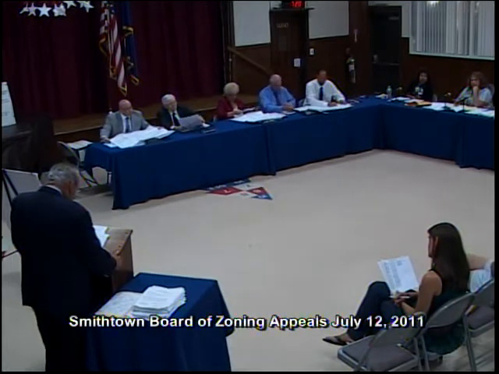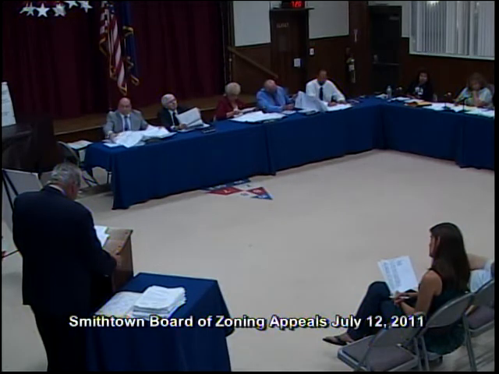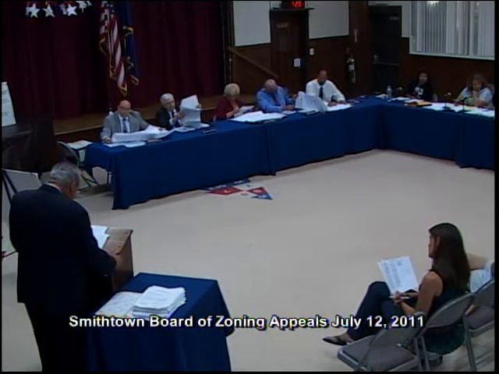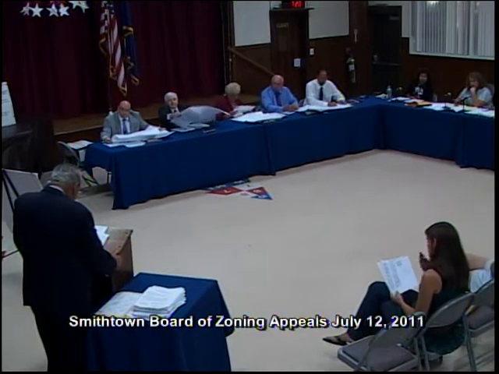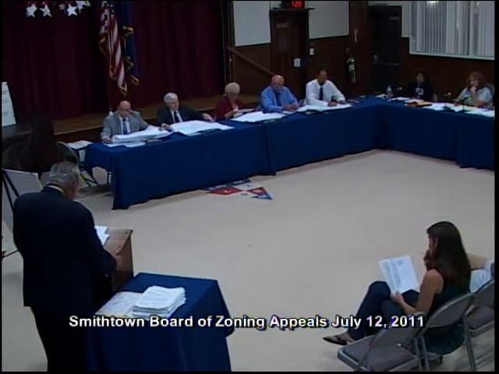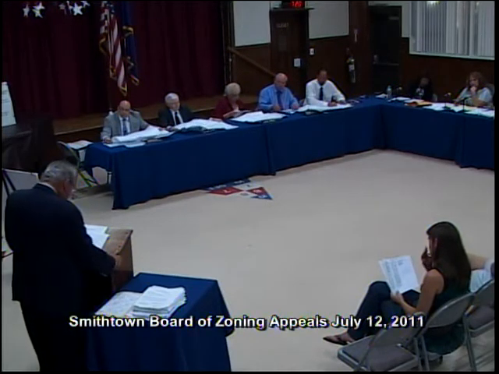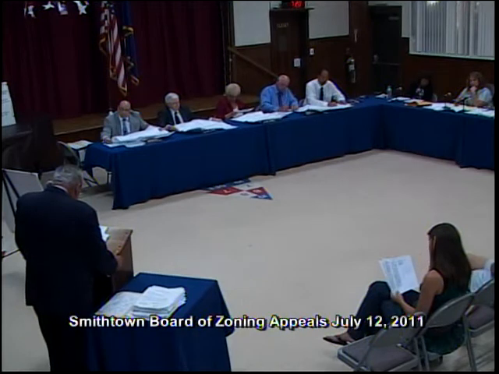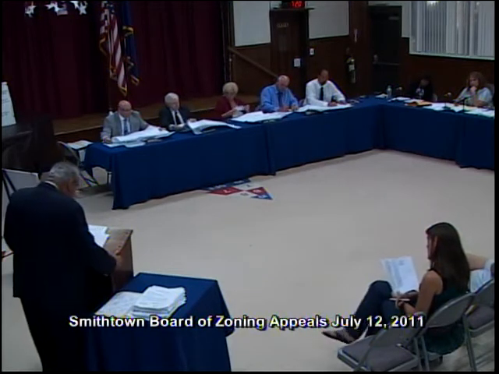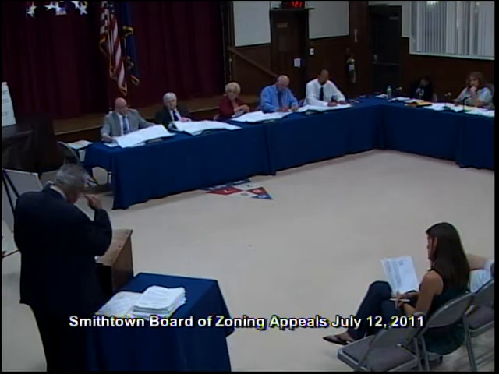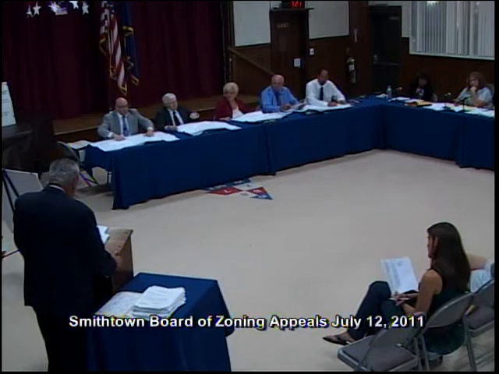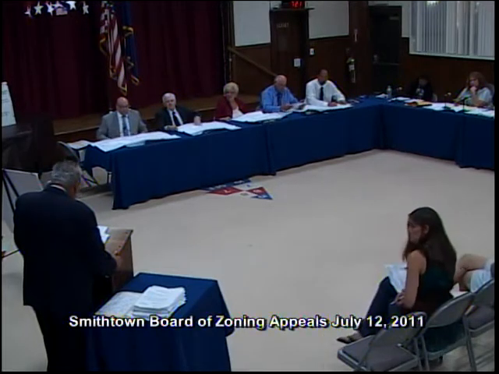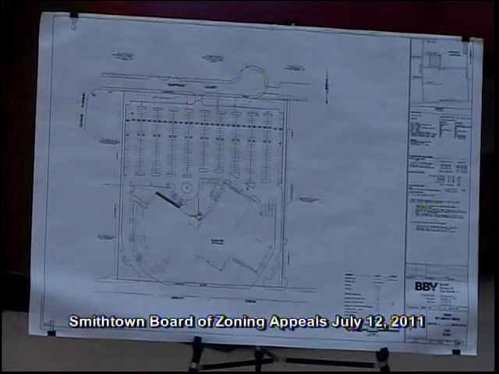The old variance granted us 532 spaces. We built, because of land bank parking, 451. We'd like to now add physically 142 more parking spaces. Now, one of the things that doesn't make sense, and I think Mike Marinas, our engineer, could touch upon that, is planting islands from 56 to 0. It's not correct, and there are planting islands, and Mike, if you wouldn't mind, perhaps you could show them.